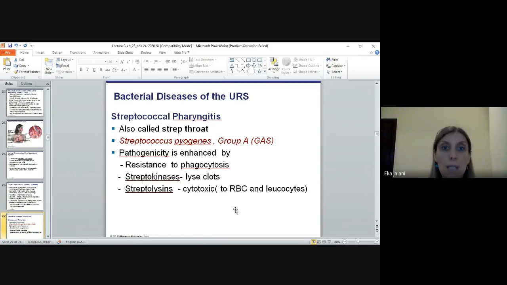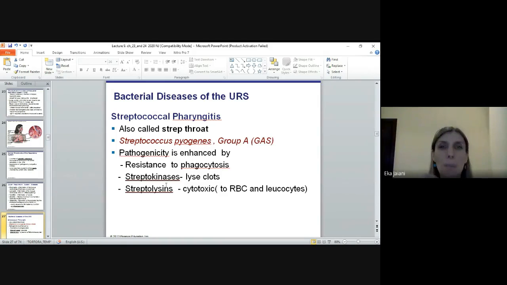We have discussed Streptococcus pyogenes, a group A Streptococcus, and it has some virulence factors. We see here streptokinase. It helps to spread this bacterium when there are blood clots.